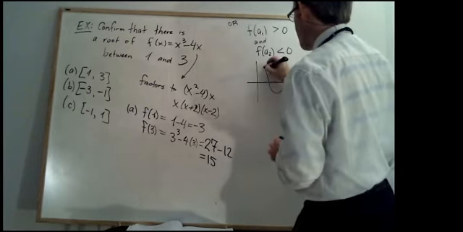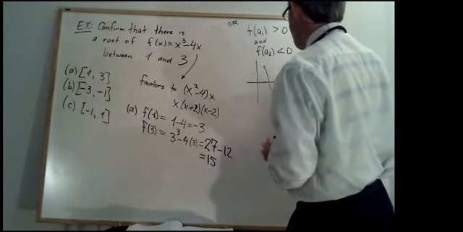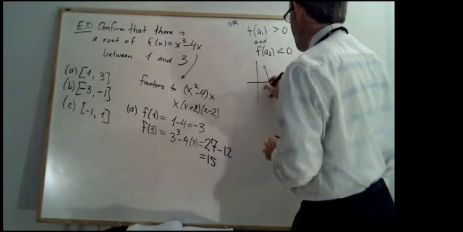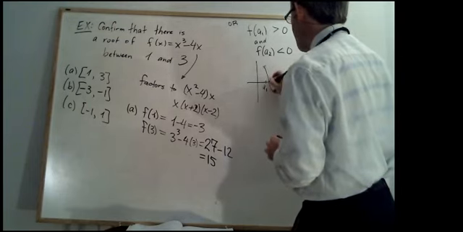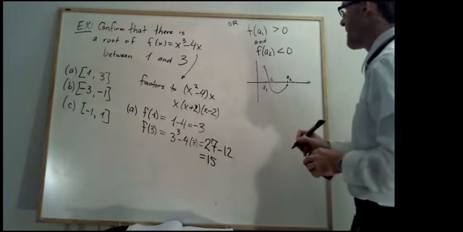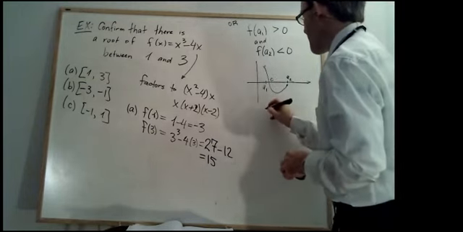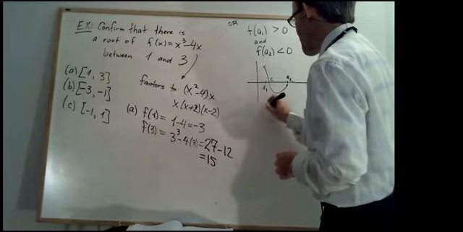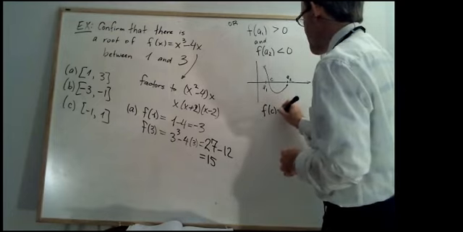This function could look like this, and then there would be an interval a1, a2 here, and there would be the c between a1 and a2 for which the function is 0, or we sometimes say vanishes. So f of c equals 0.